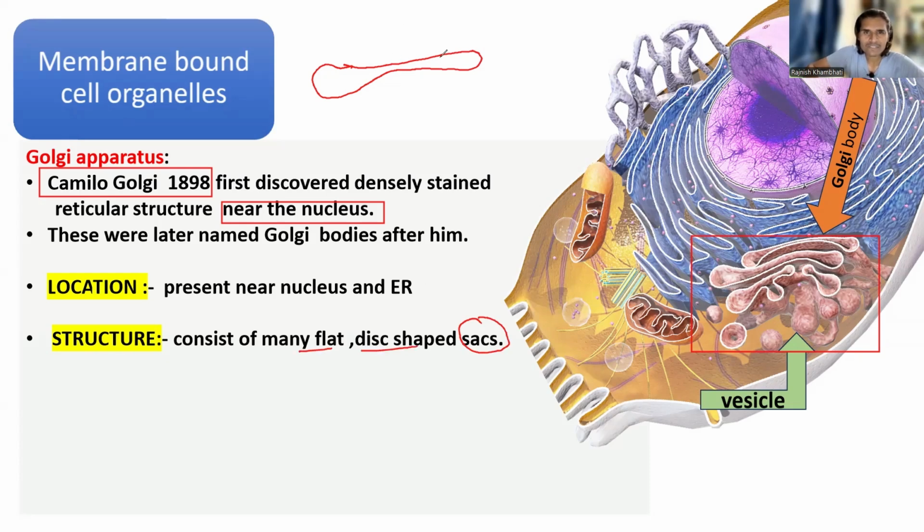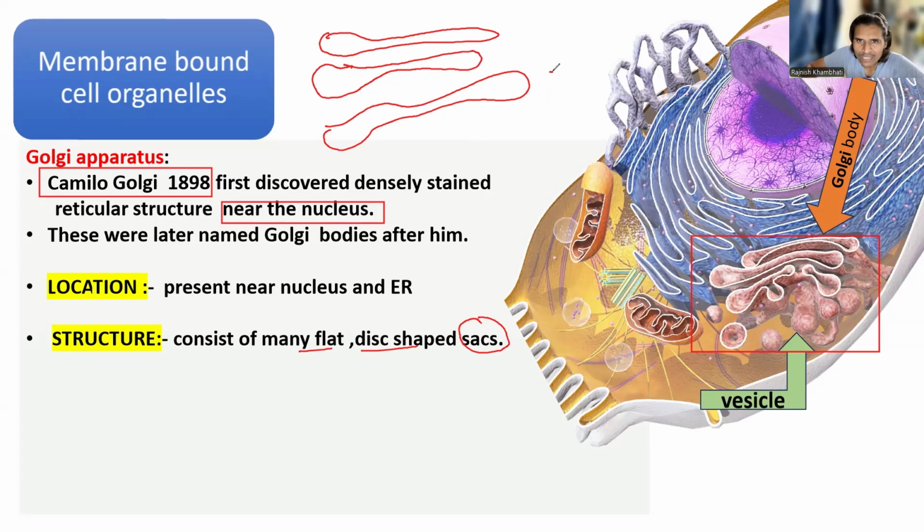From the center it will be something like this, and from the end it is a bulb structure. Many such structures are present together, one above another. This is known as the Golgi body. In the end, you can see some round shapes, which are called vesicles.